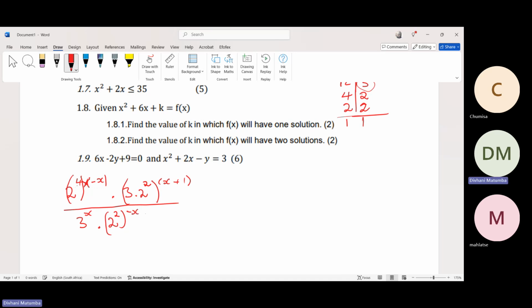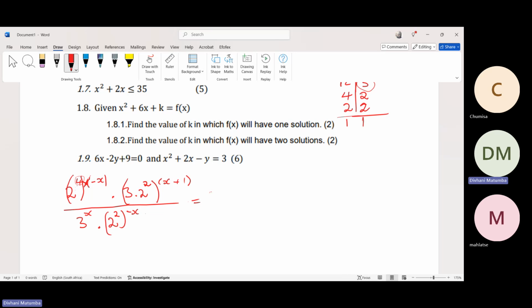Now, the second step is to apply the principle of multiplication of exponents. Inside the first brackets, we only have one base, which is 2 to the power of 4. So it's going to be very easy to multiply the exponents. How do we multiply the exponent inside the bracket and the exponent outside the bracket?